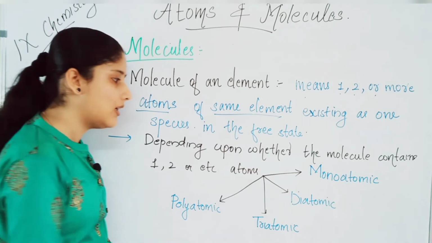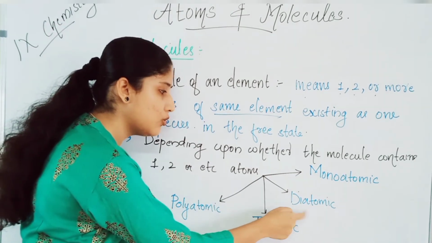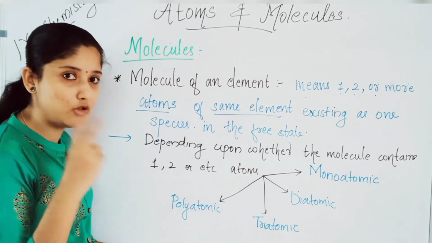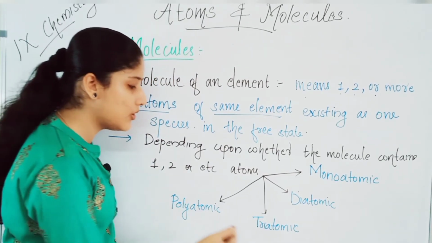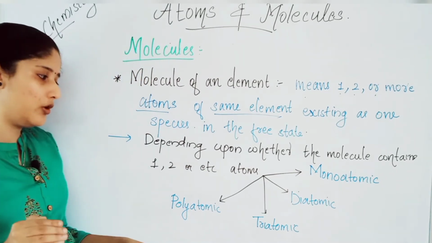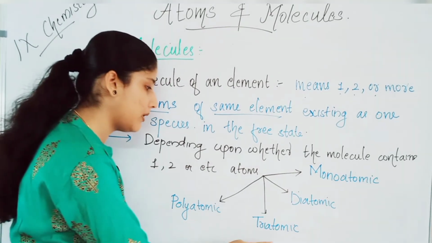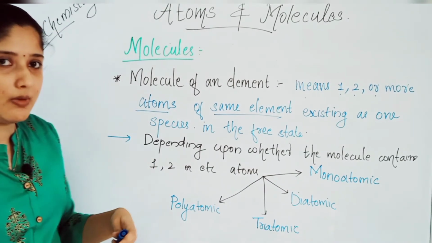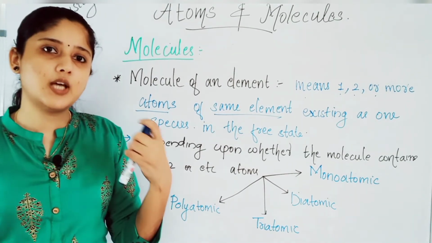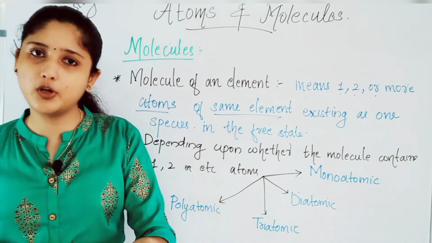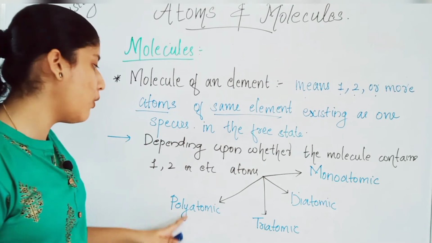If two atoms of the same element form a molecule, then it is diatomic. Also classified as triatomic, means three atoms combined to form a molecule. If more than three atoms of the same element combine to form a molecule, then we term it polyatomic.